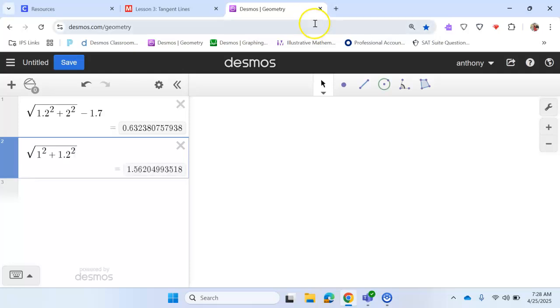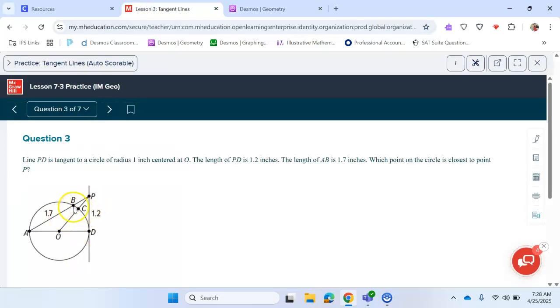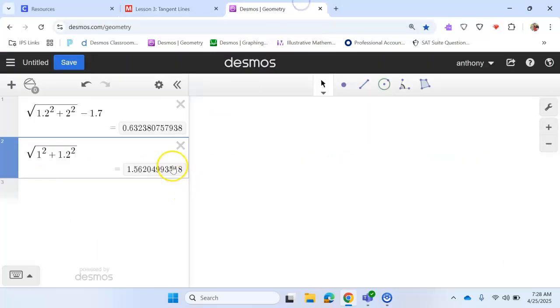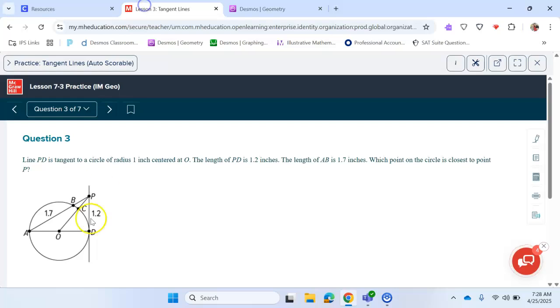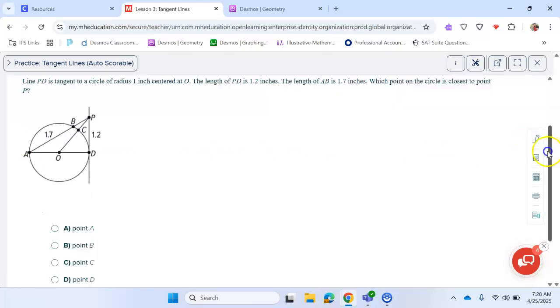And we would have to subtract the radius, segment OC or CO, which is 1. You can see that CP is a smaller distance, so point C is closer.